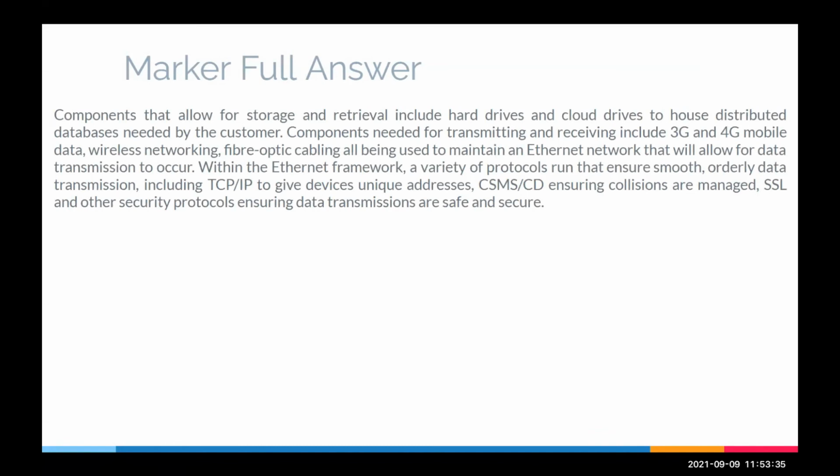Basically talking about all the hardware here. Then within the Ethernet framework, a variety of protocols run that ensure smooth, orderly data transmission, and the examples given include TCP/IP, SSL and security.